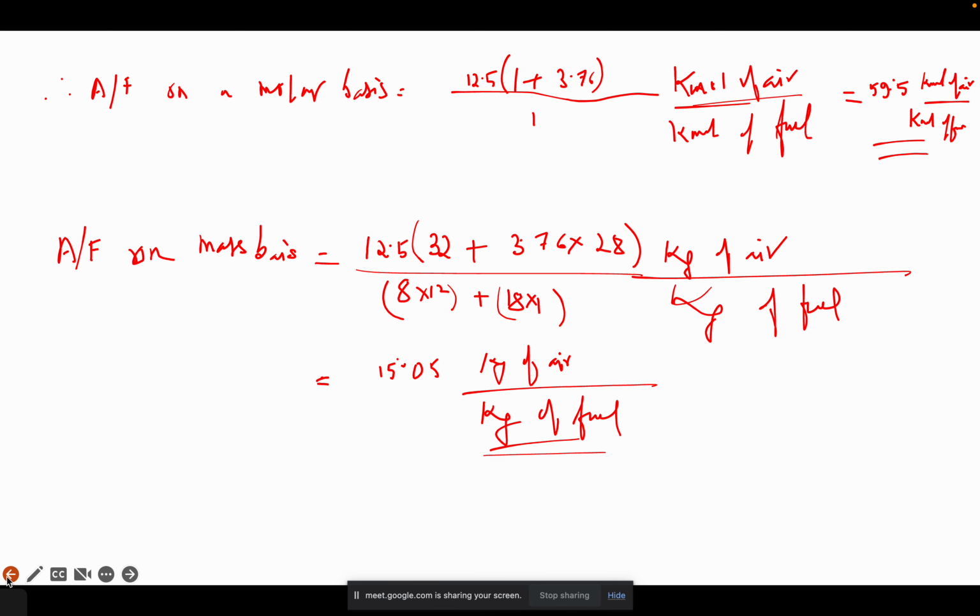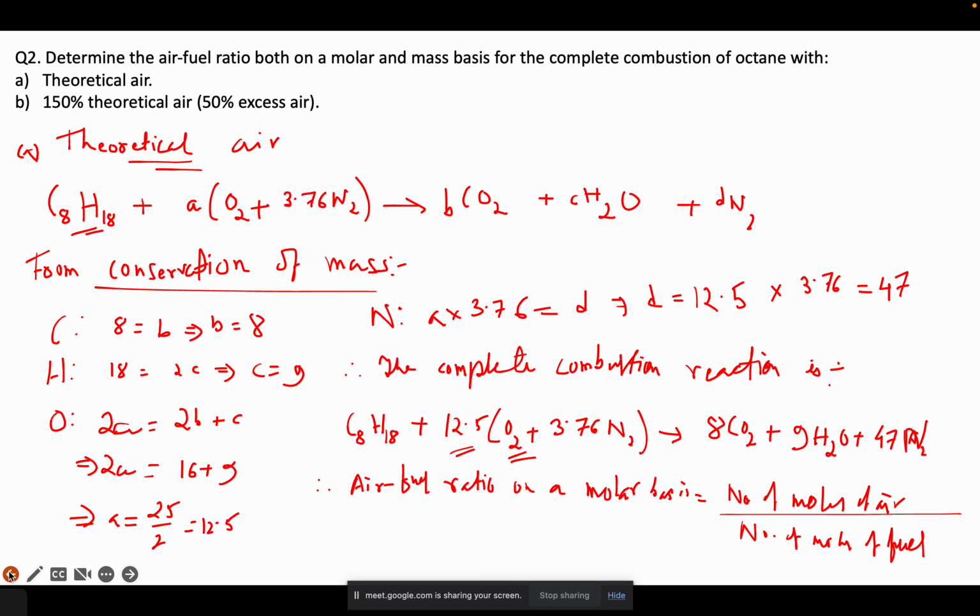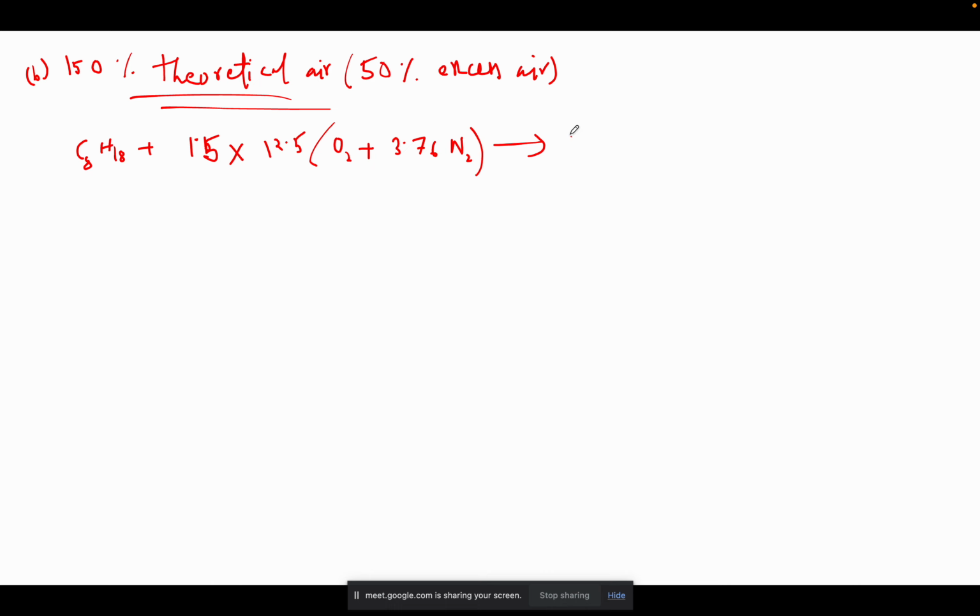now this will be 8 CO2, 9 H2O, plus some X amount of O2 will also be present, and how many nitrogen will be present?